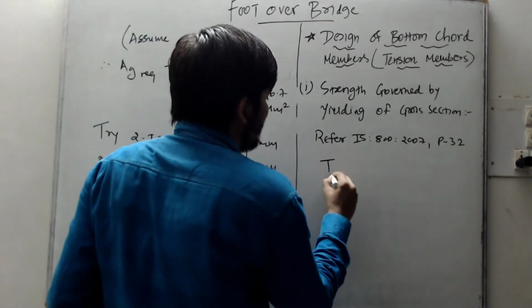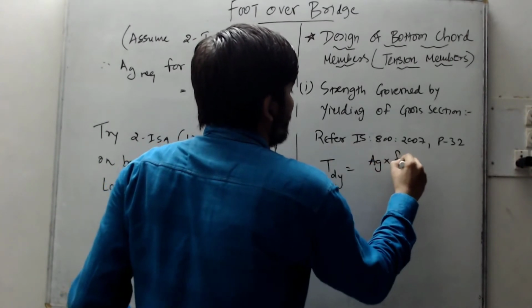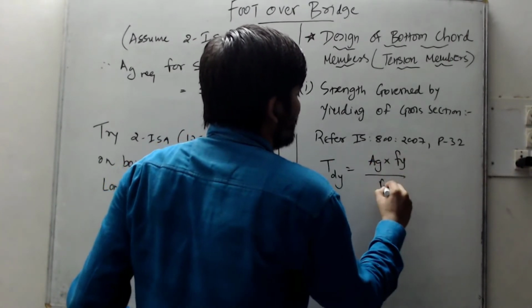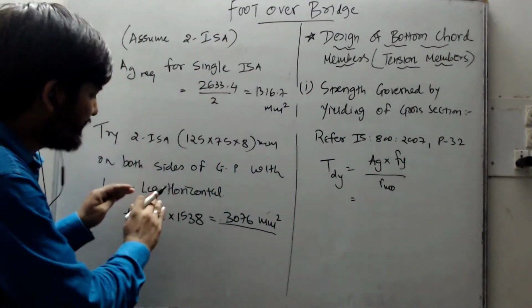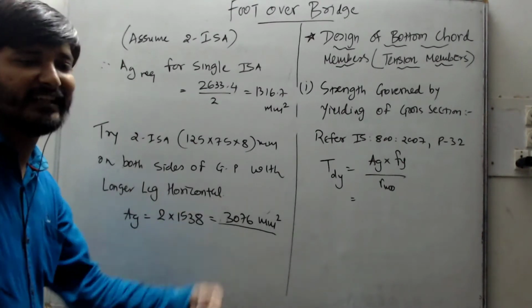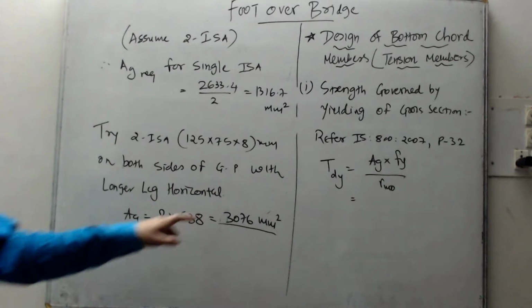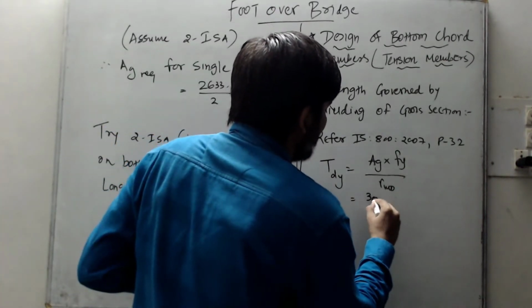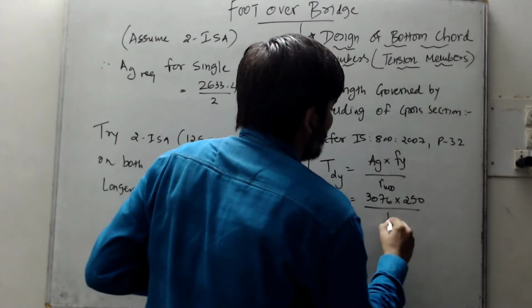TDG is equal to AG into FY divided by gamma M0. Now here we are going to find out the tension carrying capacity of this member. This section that we are providing, how much tension can it carry. So my AG value is 3076, we have found out here. 3076 multiplied by FY is 250, gamma M0 is 1.1.